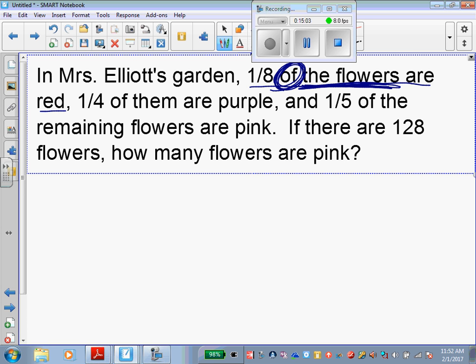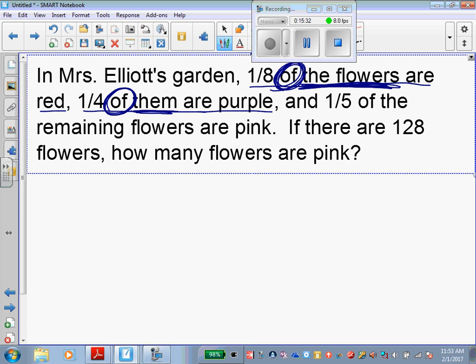Miguel. 1/4 of the flowers are purple. Okay, and you even did an understood statement. You said 1/4 of the flowers, but notice that the statement says 1/4 of them. So you understood that them is the same thing as the flowers. 1/4 of the flowers are purple.